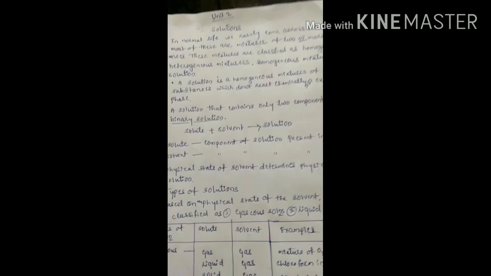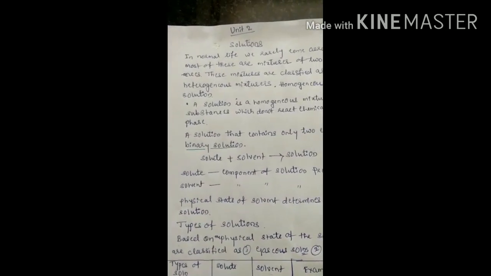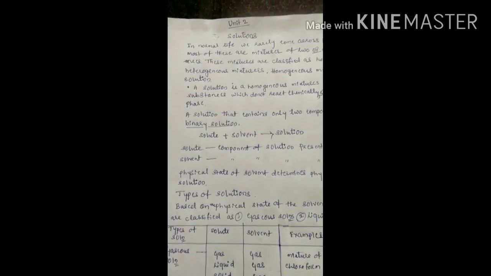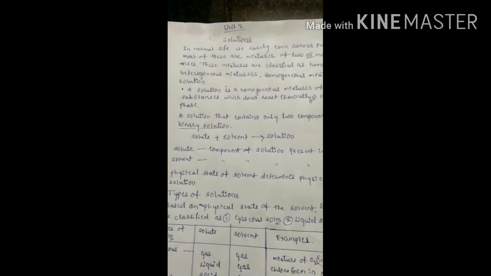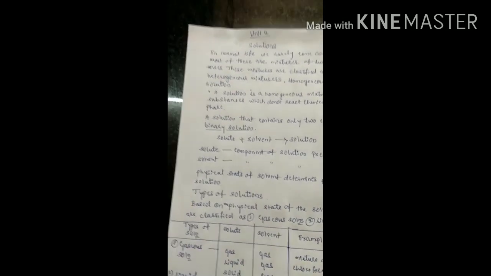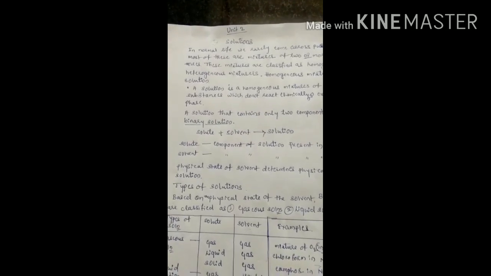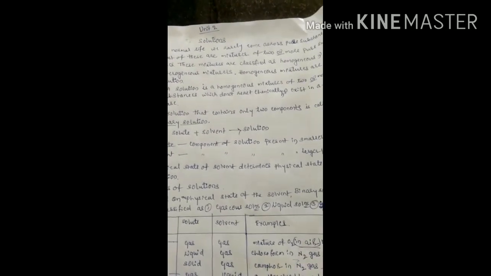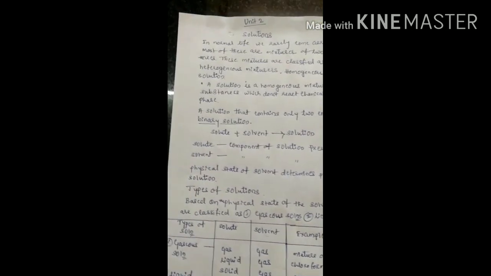A solution that contains only two components is said to be a binary solution. Solute plus solvent gives a binary solution. Solute and solvent are components of the solution. Solute is the component of the solution present in smaller proportion.